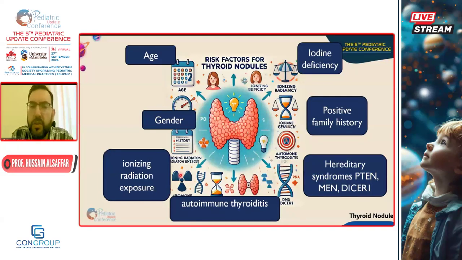And of course, autoimmune thyroiditis, whether it's Hashimoto thyroiditis or Graves' disease, there is an increased risk of developing thyroid nodules. Positive family history of thyroid cancer, iodine deficiency, and hereditary syndromes like PTEN, multiple endocrine neoplasia, or DICER1, which is a multinodular kind of goiter. So depending on these gene mutations, they would have an increased risk of thyroid nodules.